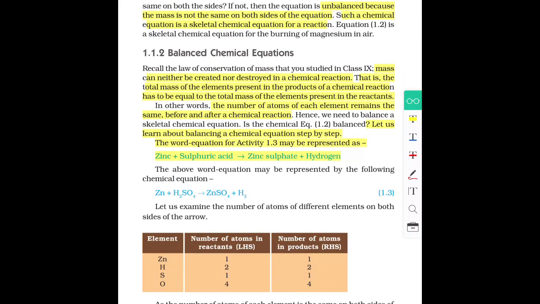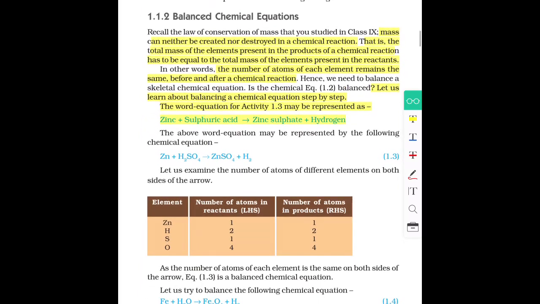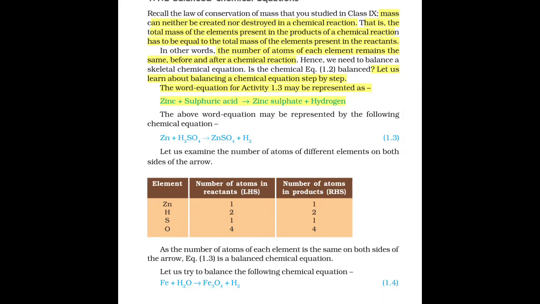Now if we tabulate the elements and the number of atoms of these elements, the elements are zinc, hydrogen, sulfur and oxygen. The number of atoms in the reactants: zinc is 1, hydrogen is 2, sulfur is 1, oxygen is 4. And the number of atoms in the products: zinc is 1, hydrogen is 2, sulfur is 1 and oxygen is 4.